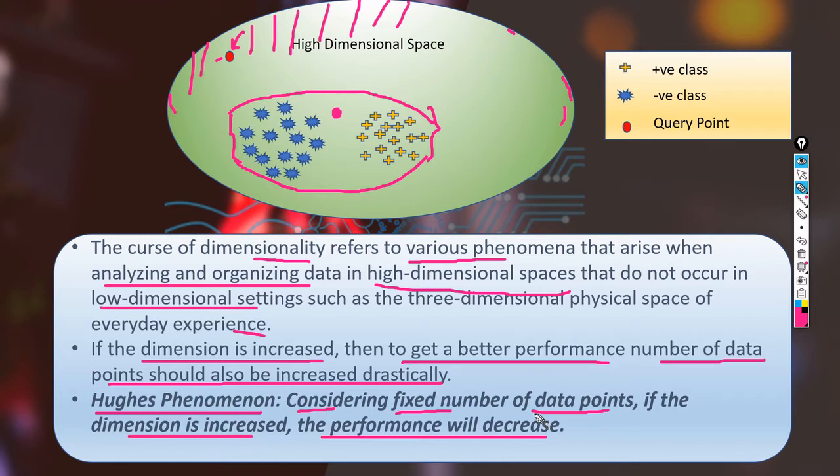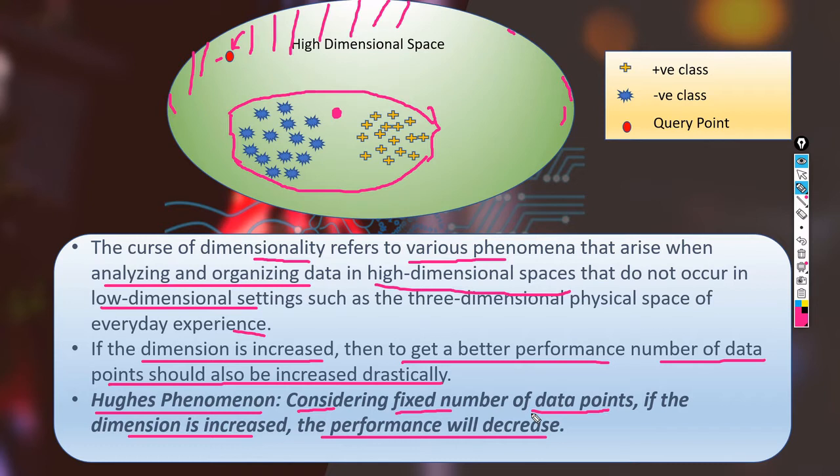Say I have 1,000 data points, and initially my feature dimension was 100, and I was getting 90% accuracy for a classification problem. Now, due to some feature engineering, I have increased my feature dimension from 100 to 10,000, but the number of data points is the same.